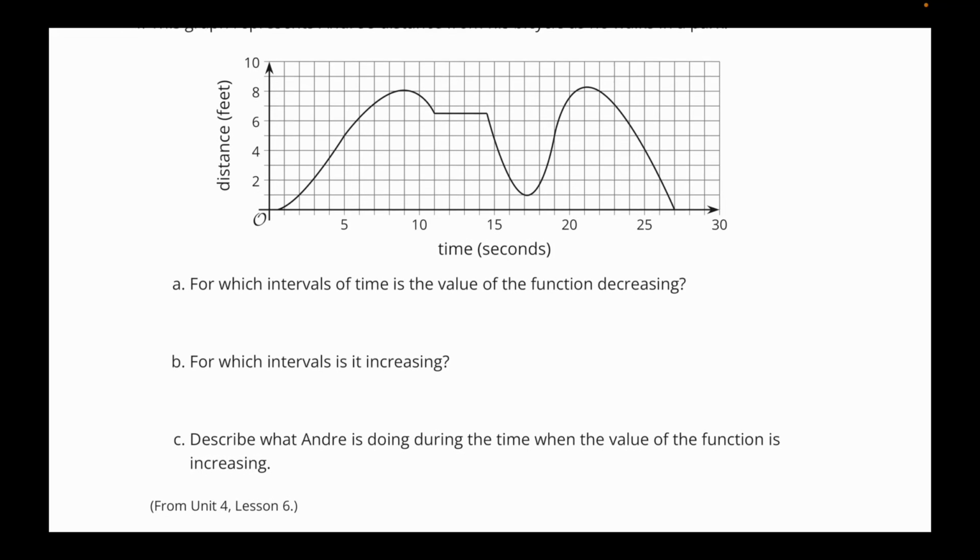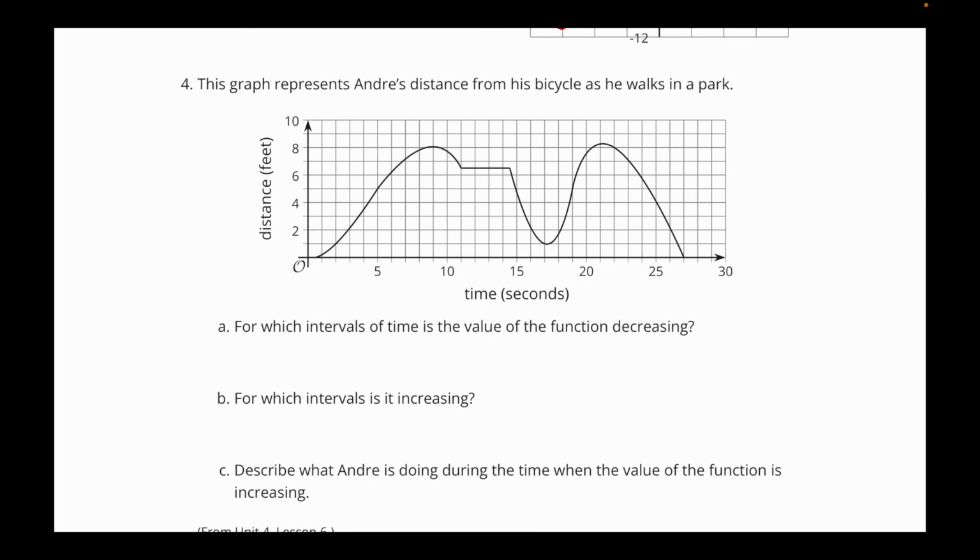So I like to kind of use some highlighters, and I really just want to look for any parts where the function might be going down. And I see decreasing right here. I also see decreasing right here. And then decreasing right here.